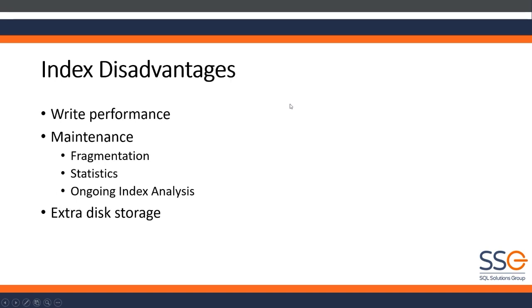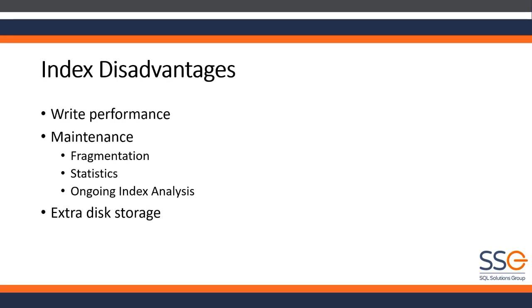Now, there are some gotchas and some drawbacks to indexes. If I've got a table which has 20 columns, and I've got 20 separate indexes, I index every column. What I'm going to have to do every time I insert some data to that table is insert into every index, which also contains this data.